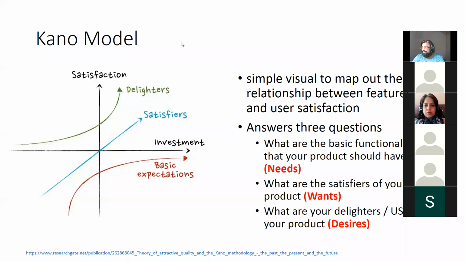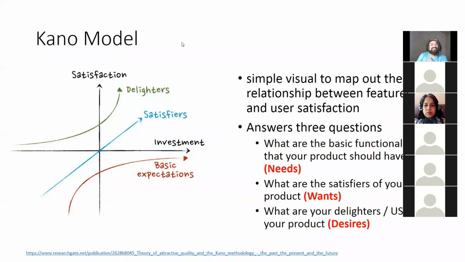Tasty and quality food, taste of food. Based on today's scenario, sanitization. That's an absolute need, right? That is the basic expectation now. Service also, correct. Quick delivery and tasty food. So tasty food, quick delivery, and fair price came in your basic expectation.